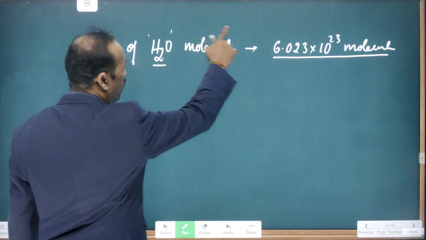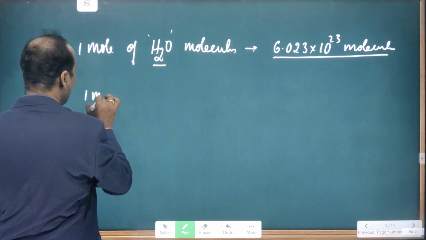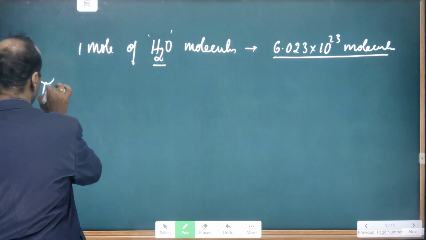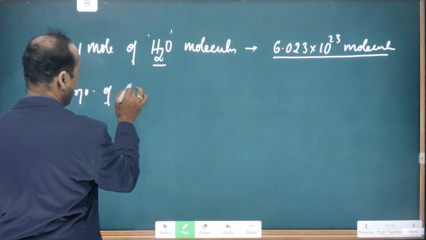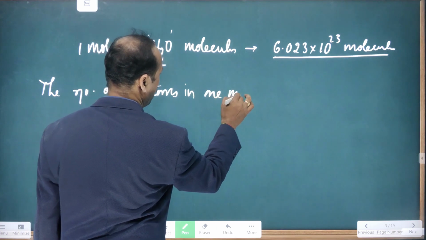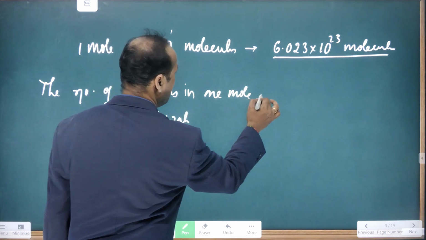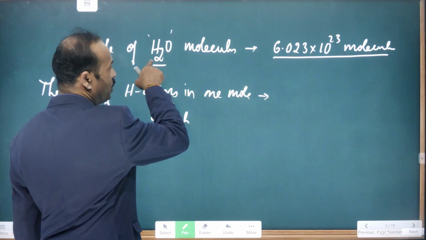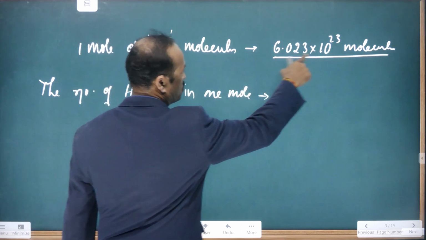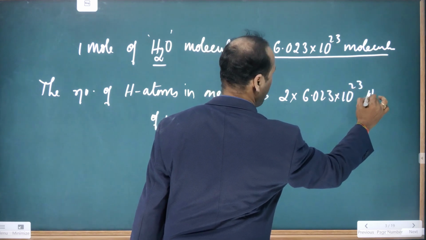So the number of hydrogen atoms in 1 mole of water: one molecule of water consists of how many? 2 hydrogens. So write 2 into 6.023 into 10 to the power of 23 hydrogen atoms.